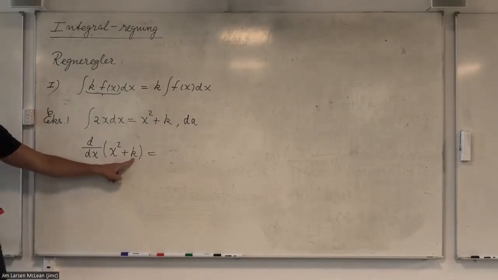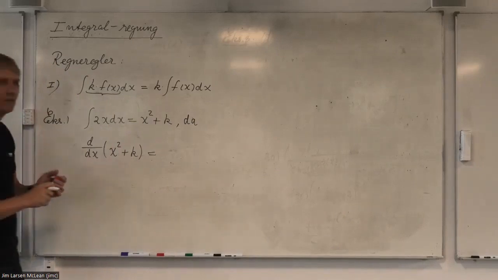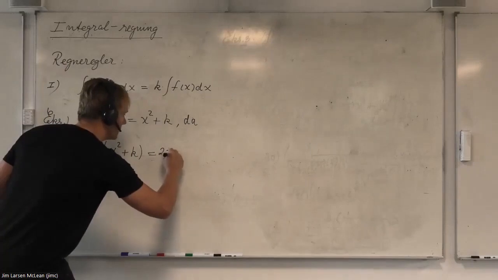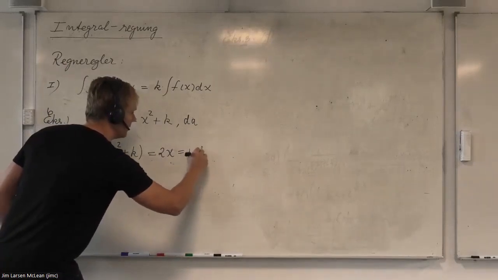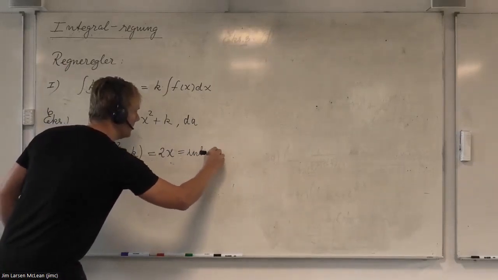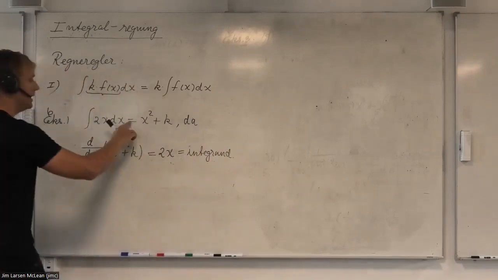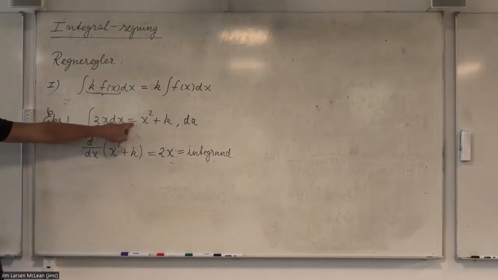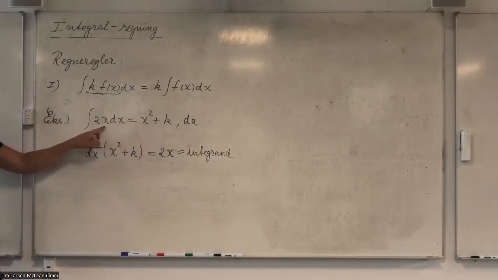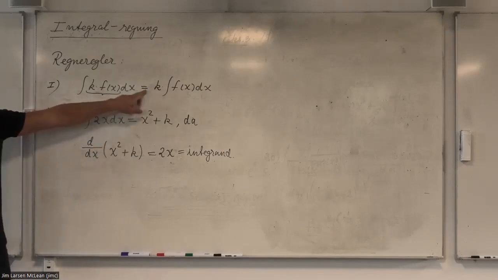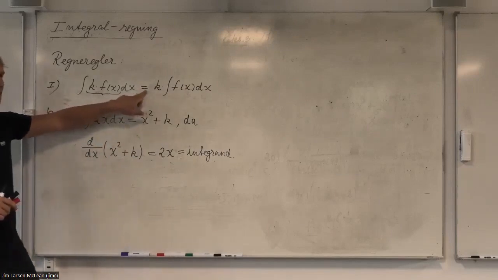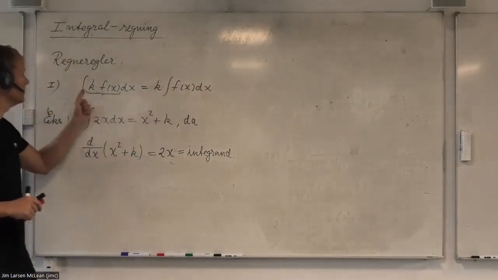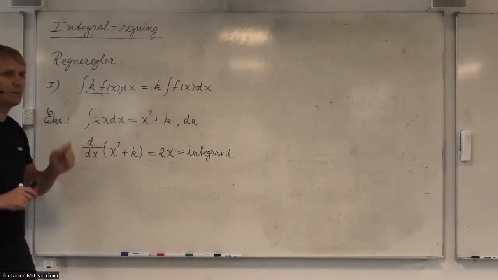A constant standing alone differentiates to 0. And 2x is my integrand. That's why the equality is true. Are you following this? The equality is true because differentiating gives back the integrand. That's how you prove it.